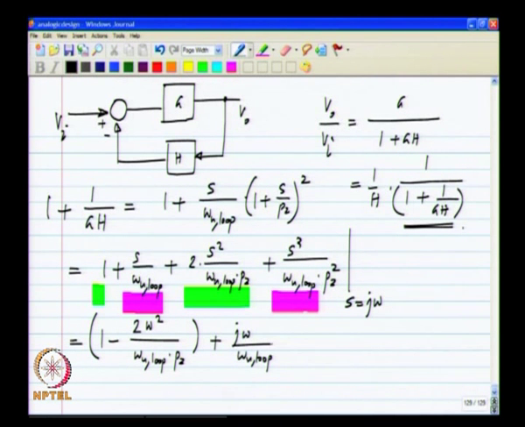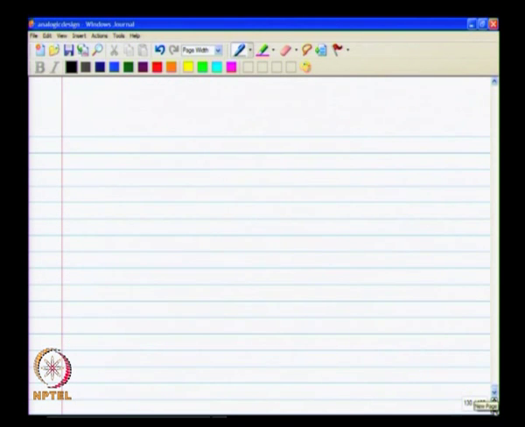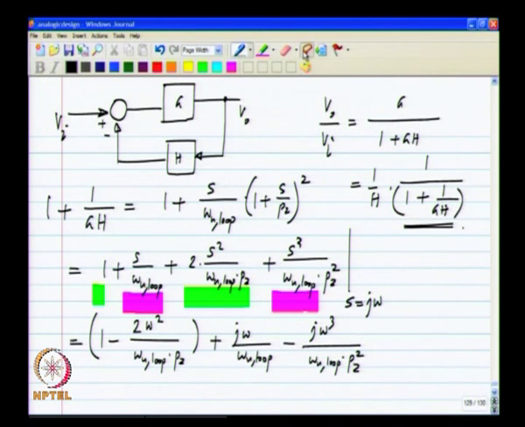Okay. Now, for the denominator to be 0, both of these real part and the imaginary part have to be 0. Okay. Let me copy over this expression.